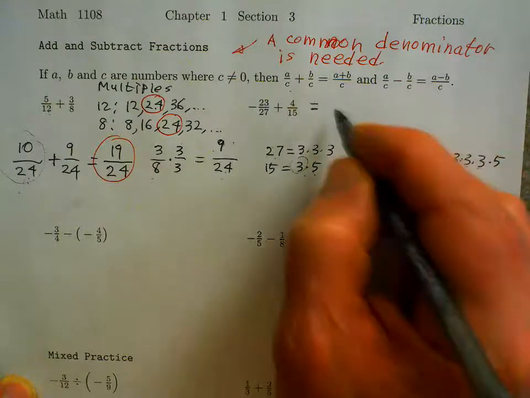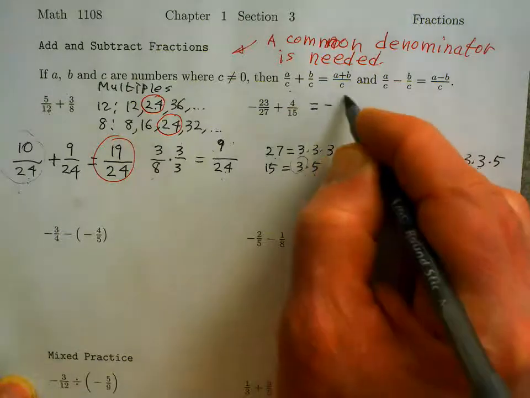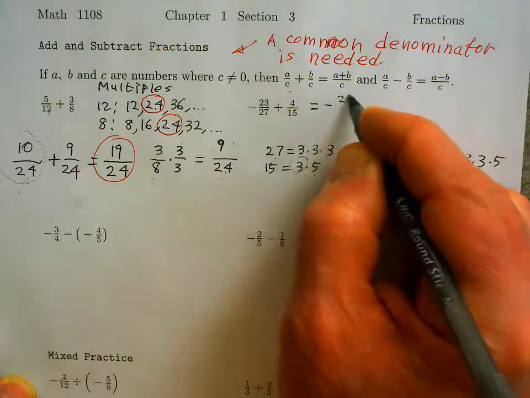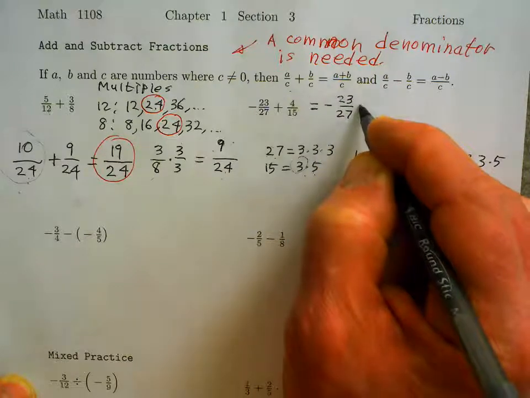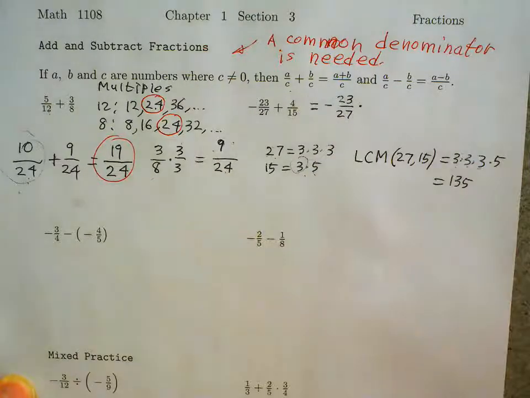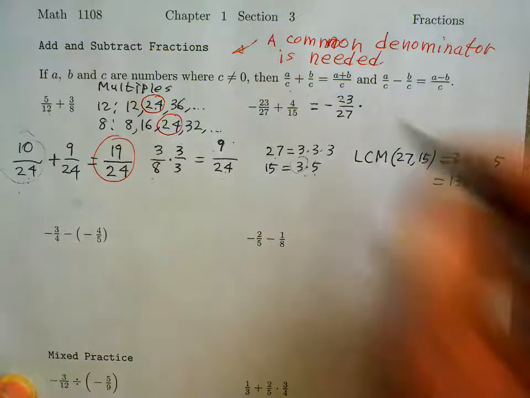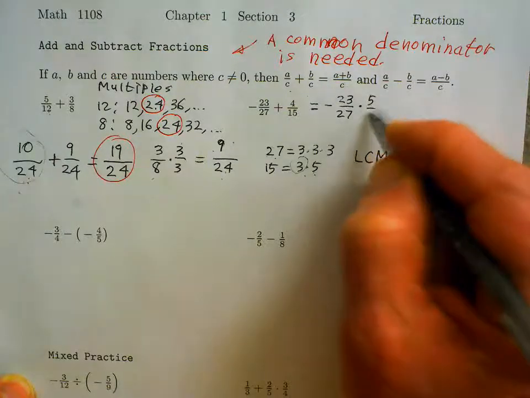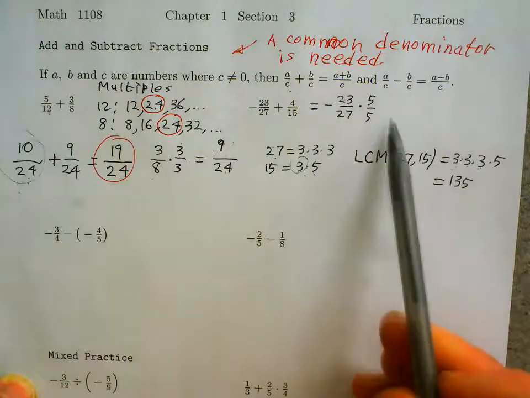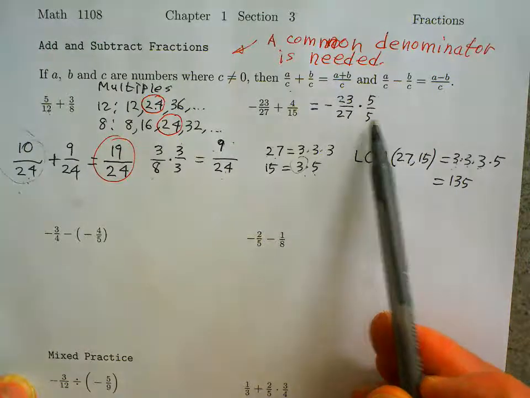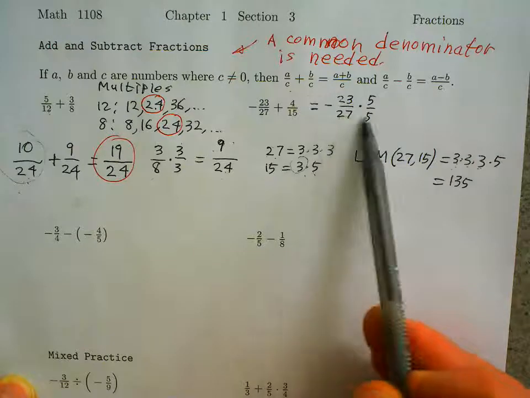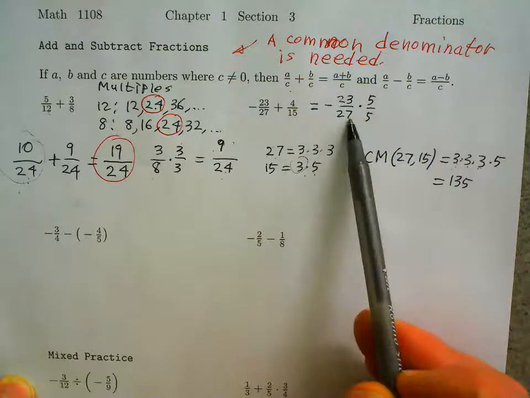So as an intermediate step, we can multiply the fraction negative 23 over 27 by 1 in the form 5 divided by 5. The reason I chose 5 divided by 5 is because 5 times 27 is 135.